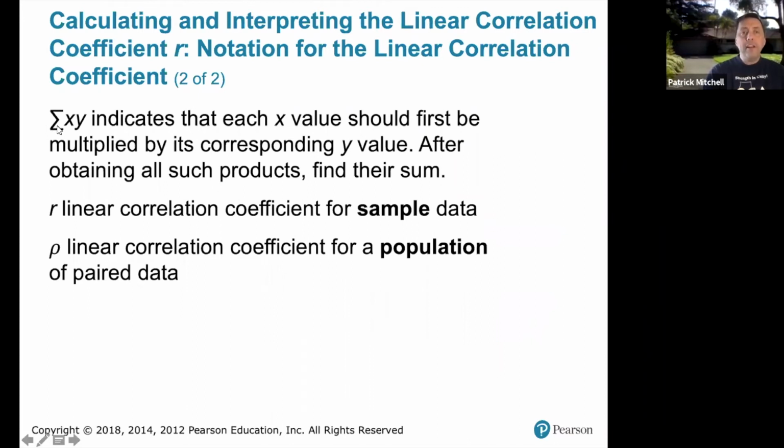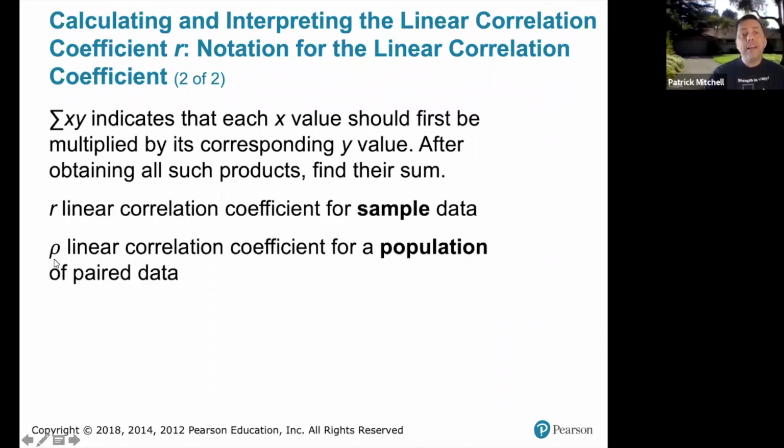Okay, so you've got a lot of practice with avoiding confusion between those two things. All right, and finally, the sum of X times Y indicates that each X value should first be multiplied by its corresponding Y value, and after obtaining all such products, find their sum. R is then the linear correlation coefficient for sample data.